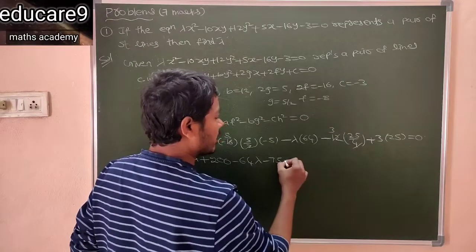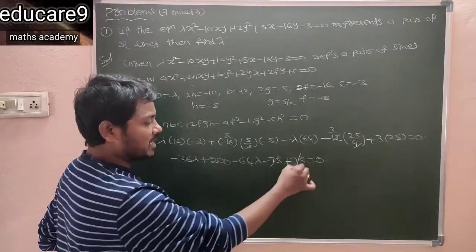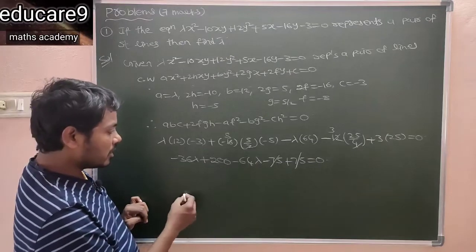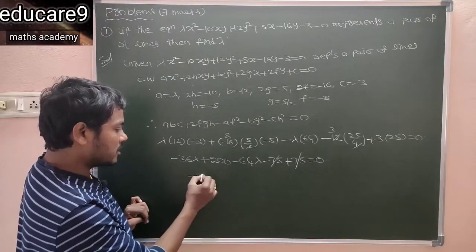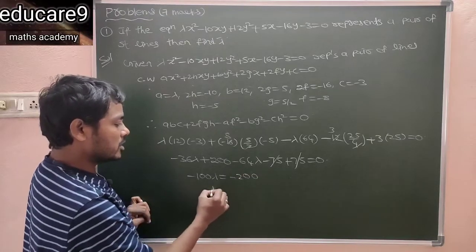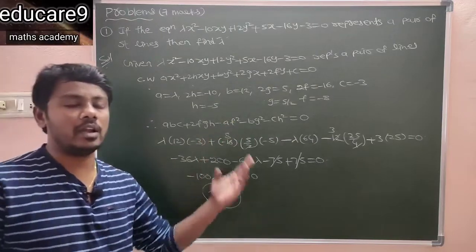So 3 into 25 plus 75 is equal to 0. See here, minus 75 plus 75 get cancelled. Now minus 36 minus 64 lambda, that is what? Minus 100 lambda is equal to minus 200. So therefore lambda is equal to 2. So this is the value of lambda.